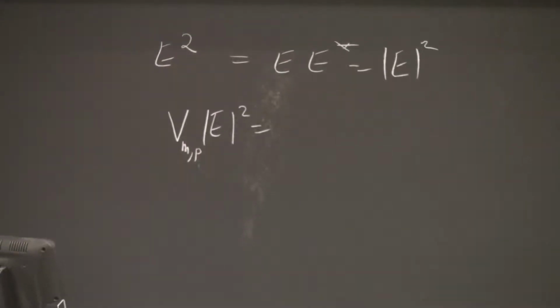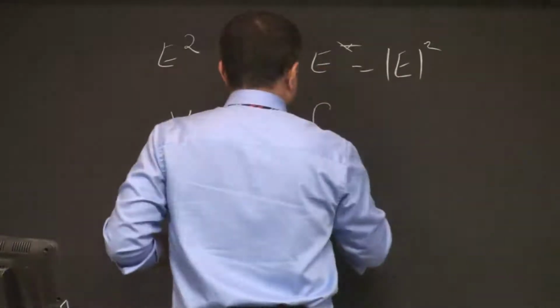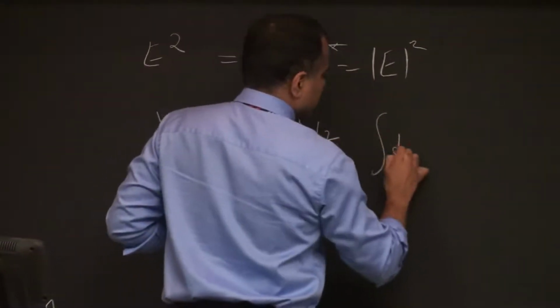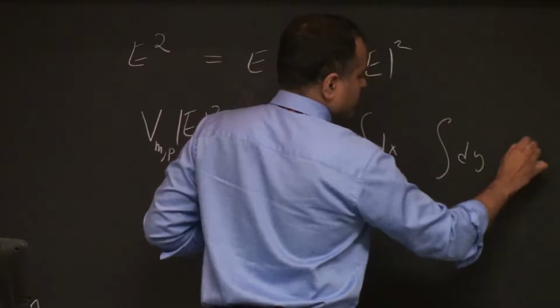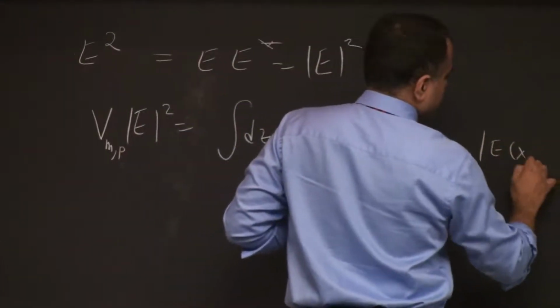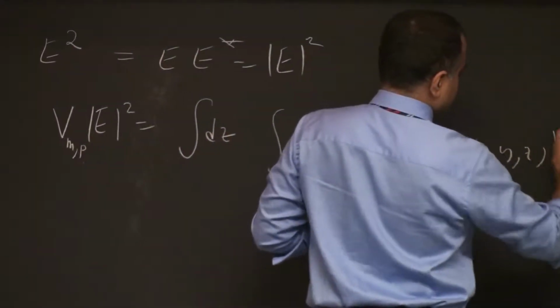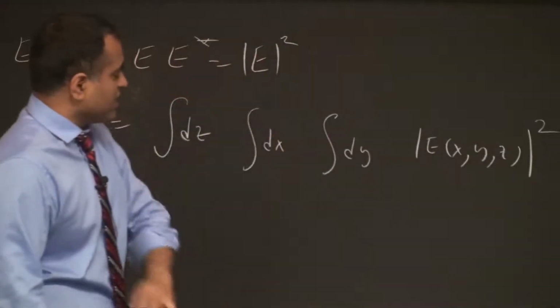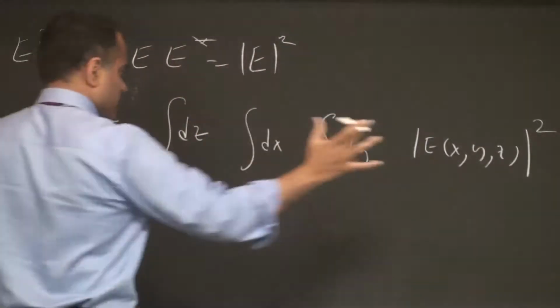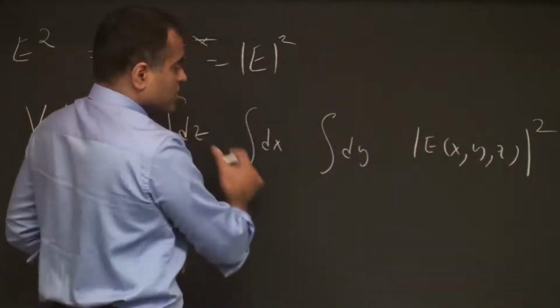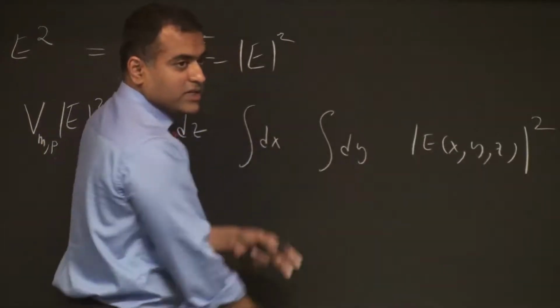You have to integrate it now over x, y, and z. You have to do a dz, dx, and dy, and then you have your E of x, y, z with all your Hermite polynomials, Gaussian, all that stuff. Just plug it in here. Do this whole thing.